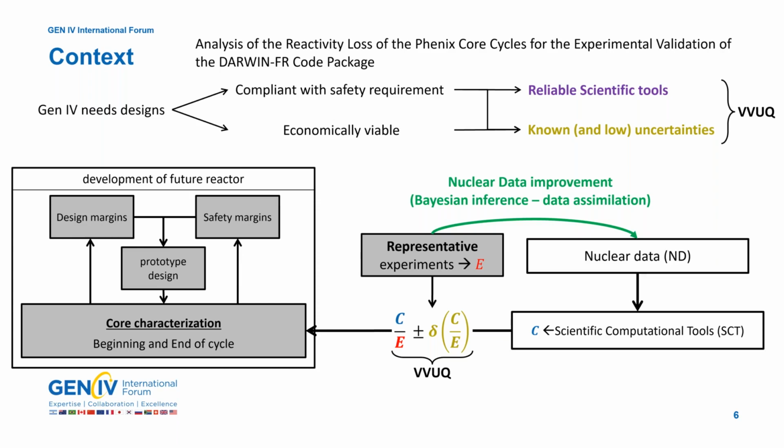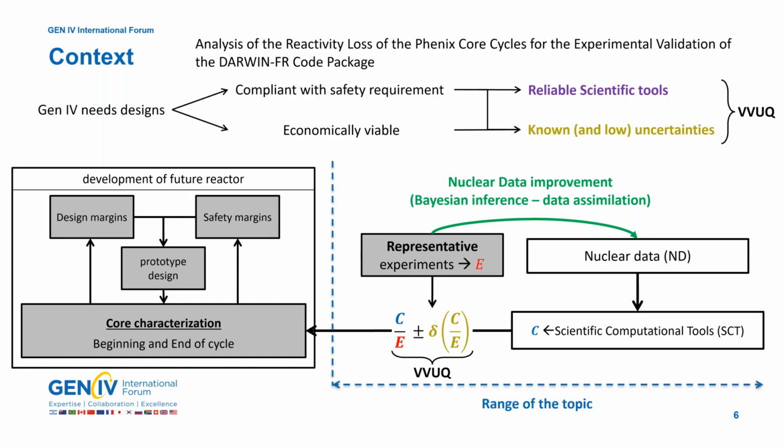And why is this important? Because nuclear data are the input data of the different SCTs, so the reliability and the uncertainties are directly dependent on the reliability of the nuclear data. And in today's topic, I will focus not on design and development of future reactors, but only on VVUQ and data assimilation for a specific coefficient in sodium fast reactors, the reactivity loss.